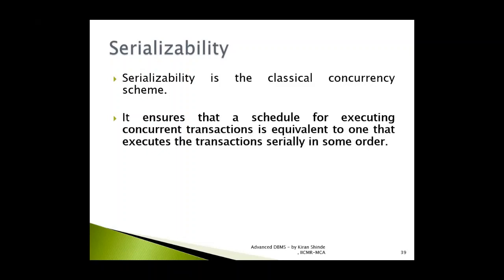It ensures that a schedule for executing concurrent transactions is equivalent to one that executes the transactions serially in some order. It means the motive of studying this concept is to ensure that, if a given schedule has concurrent transactions executing in parallel, we check by using certain schemes whether the result of those concurrently executed transactions matches a serial schedule or not.